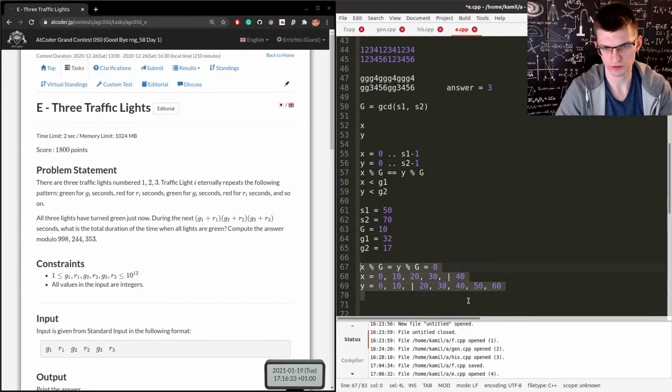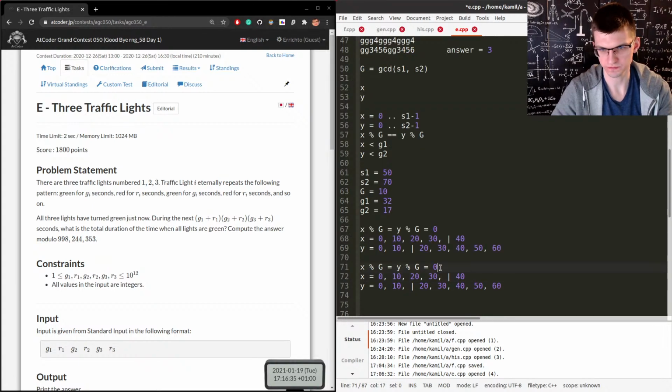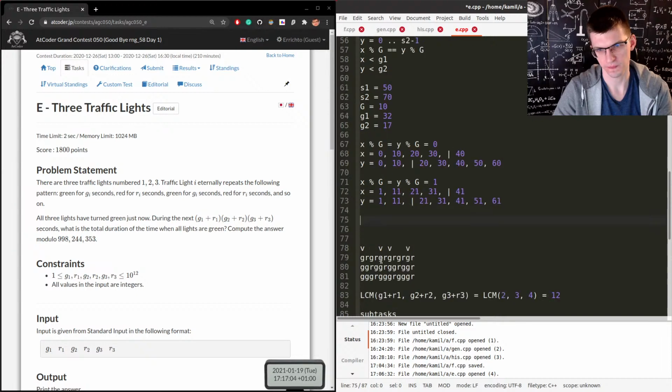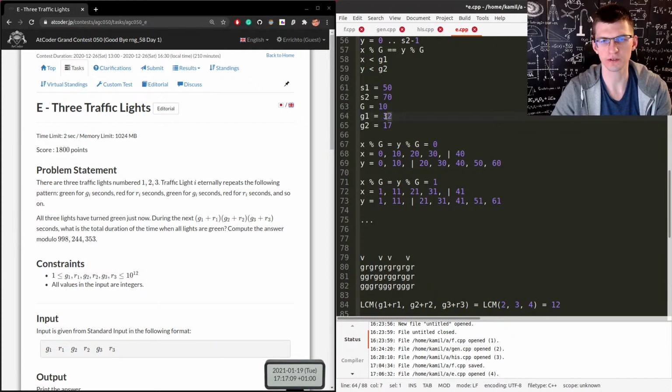All right, what about remainder 1 modulo G? Then x can be one of 1, 11, 21, 31, and so on, y similarly. And the limits don't change. Still we have 4 possible x's, 2 possible y's, so 8 combinations. The number of available x's times y's is the number of pairs I get. And then something changes later on, for numbers bigger than 32.